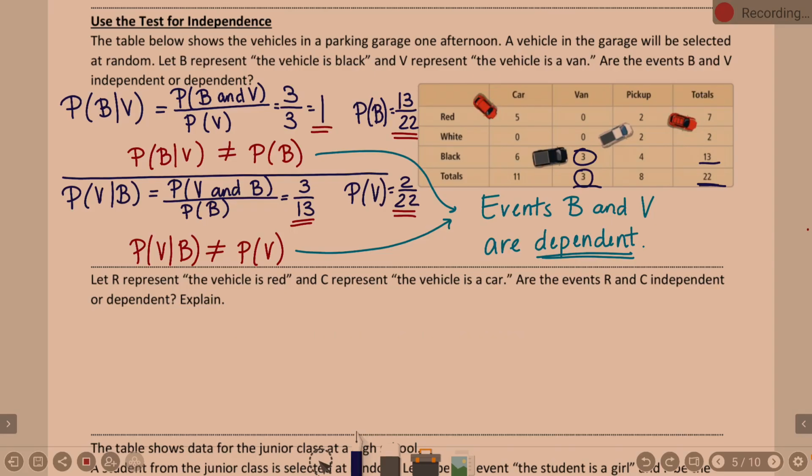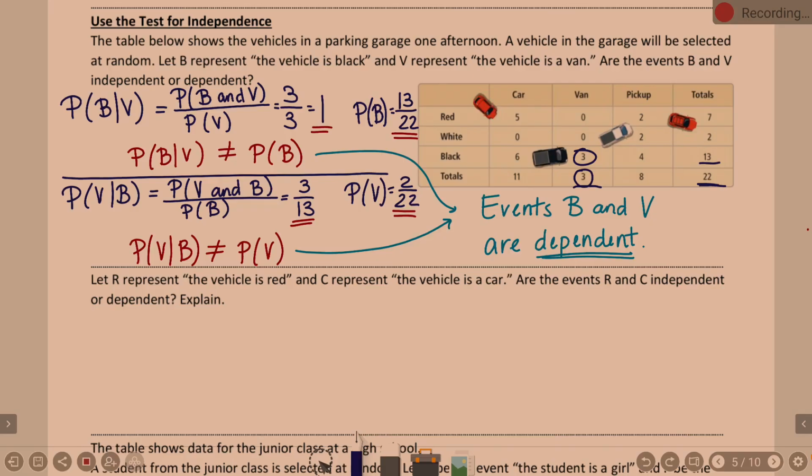Let R represent the vehicle as red, and C represent the vehicle as a car. Are the events R and C independent or dependent? Explain. My work is my explanation, in my opinion. Okay, what are we trying first?